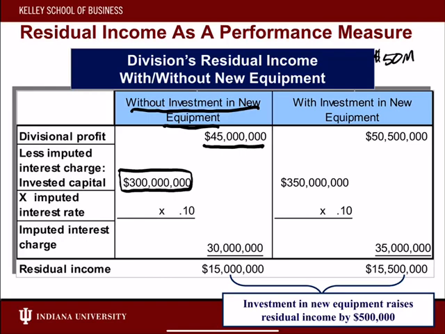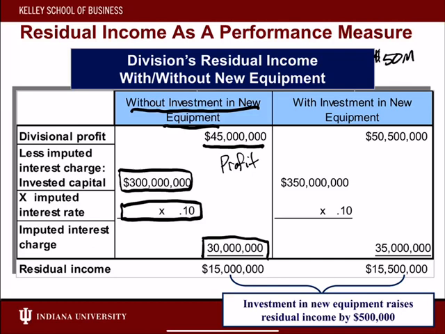The required rate of return that the firm gives you is 10%. So that means every period, essentially the interest that you'll have to account for to the company is about 30 million. So our residual income is our profit that we have left over after we account for that interest.